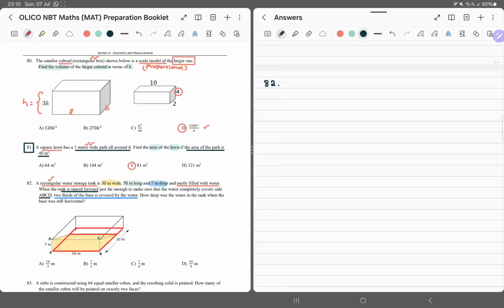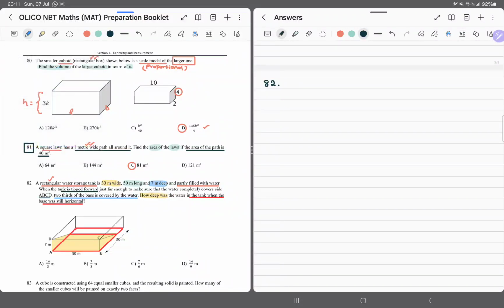Okay. All right, okay. Now, what do we need to do, guys? It says now, how deep was the water level? How deep was the water in the tank when the base was still horizontal? So now we need to find the depth of the water when this thing was the way it was supposed to be.